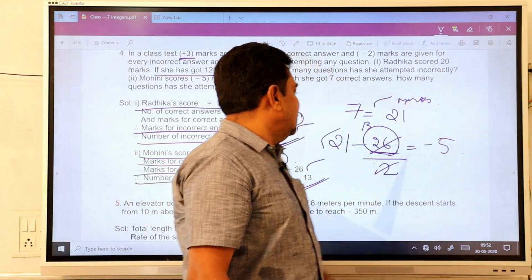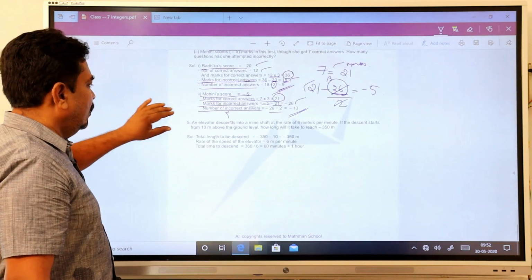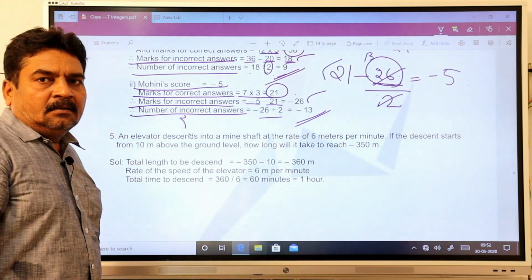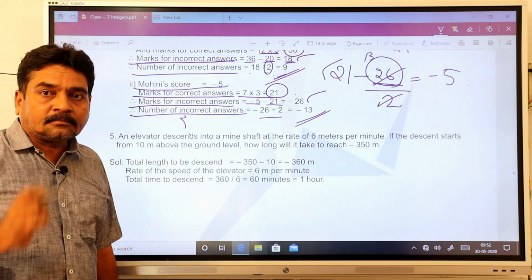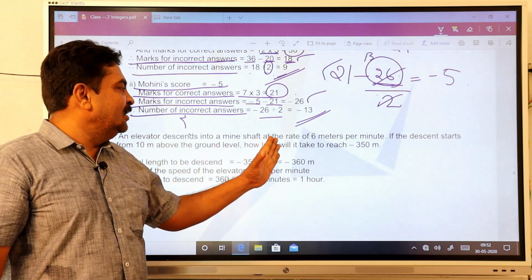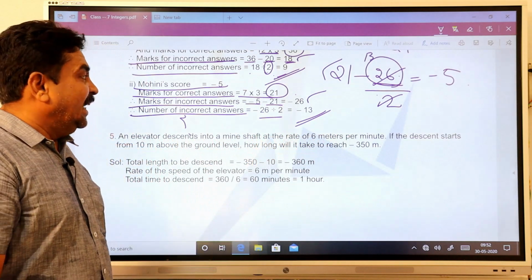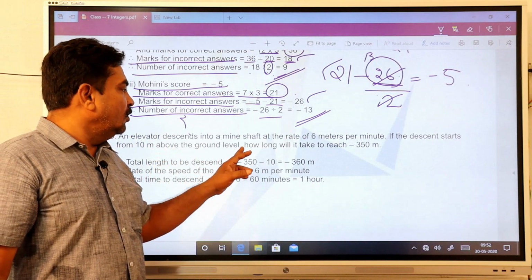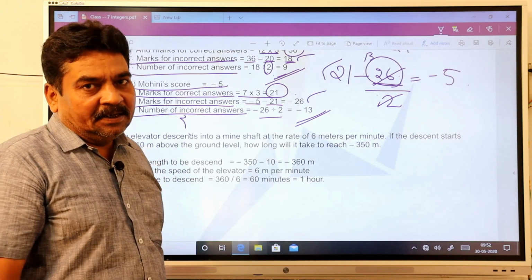Now, this is the last question for this exercise, or you can say the conclusion of this chapter. An elevator descends into a mine shaft at a rate of 6 meters per minute. If the descent starts from 10 meters above the ground level, how long will it take to reach minus 350 meters?